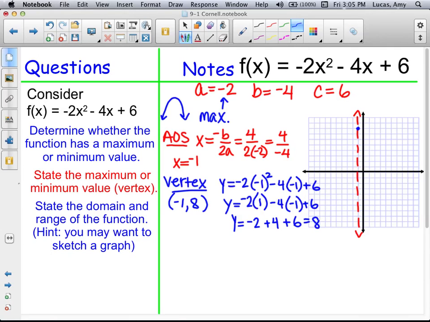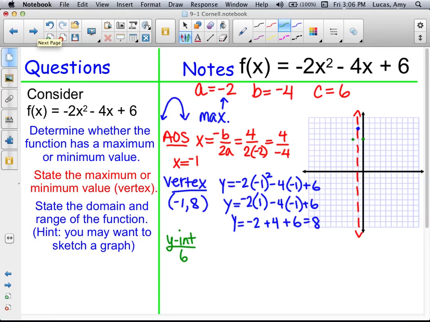Now, to find the domain and range, I want to graph the rest of this quadratic. I am going to remind you that the y-intercept is c. So on this problem, the y-intercept is 6. So if I graph the y-intercept right here, I can take that y-intercept, and because I know that my axis of symmetry splits my parabola in half, I know that that y-intercept has to have a point that balances it out on the other side of the symmetry line.